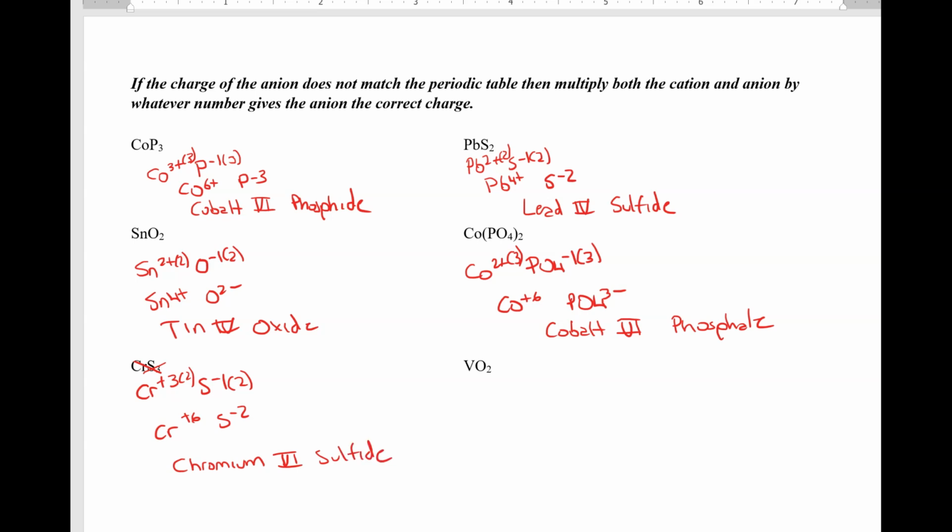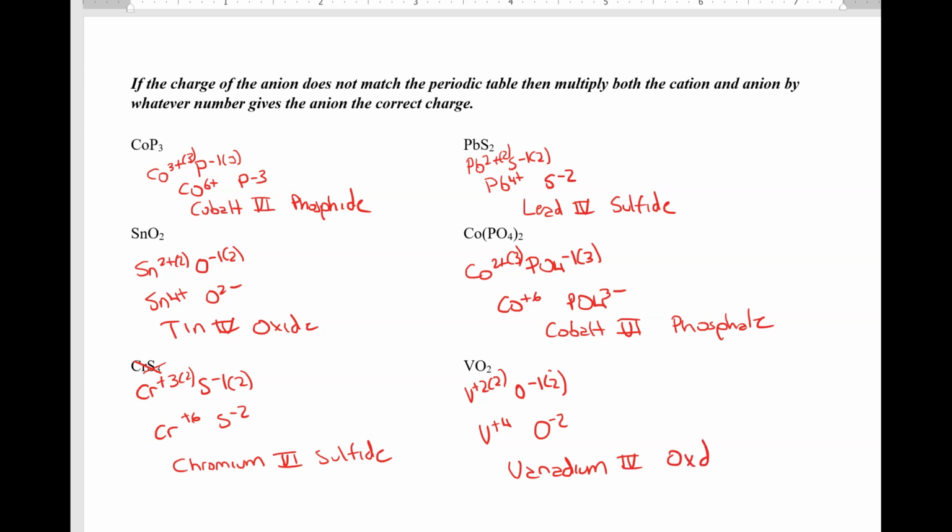VO2 on crisscross, V positive 2, O negative 1. Multiply both of them by 2 because O should be a negative 2, right? So V positive 4, O negative 2. So vanadium(4) oxide.